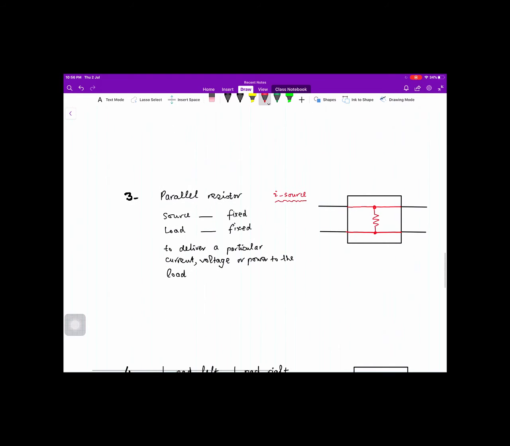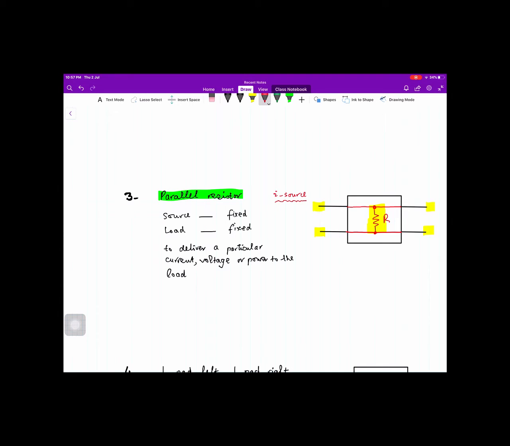Our next type is a parallel resistance. So in the interface, we have a parallel resistance over here, and this is our input port, and the source circuit is not shown, and this is the output port, and the load at the output is not shown.